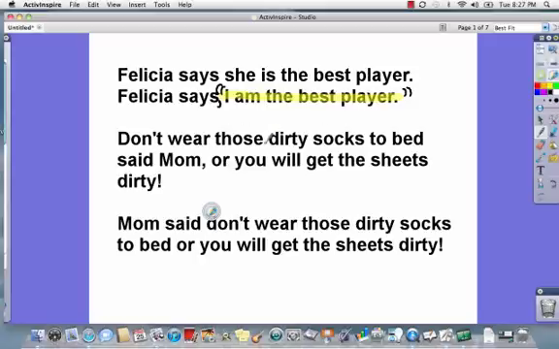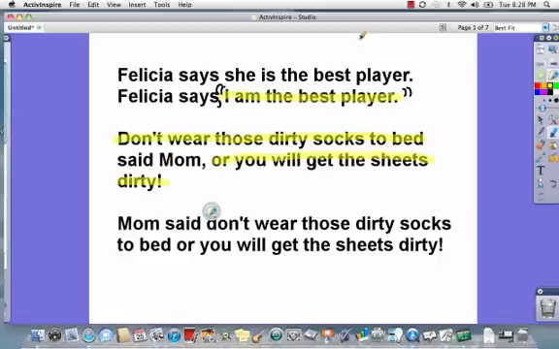Let's look at the next sample. This sentence reads, "Don't wear those dirty socks to bed," said Mom, "or you will get the sheets dirty!" First, look through here and find Mom's words. There they are. Those are her exact words.